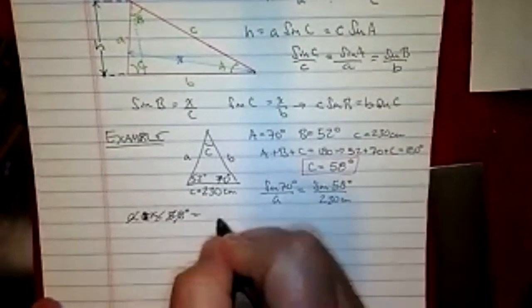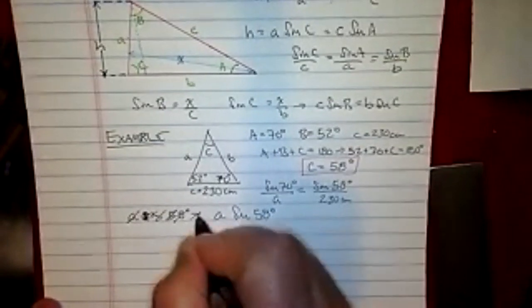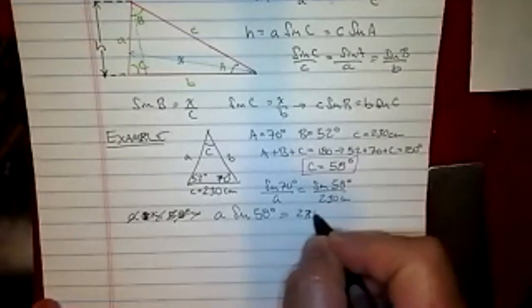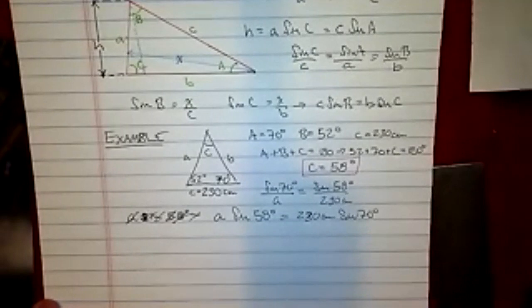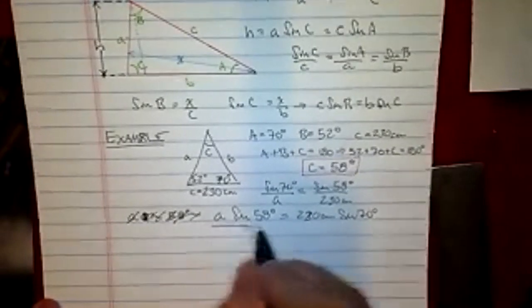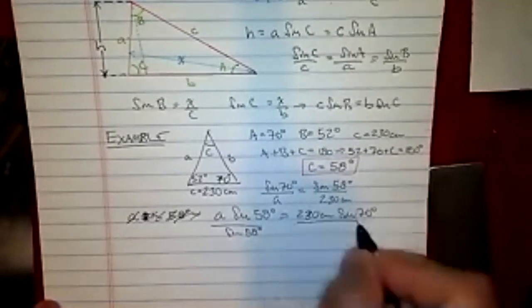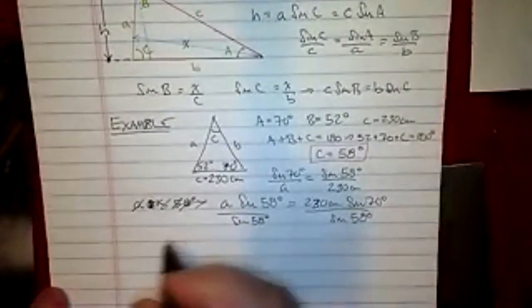So when I cross multiply, I get a times the sine of 58 degrees is equal to 230 centimeters times the sine of 70 degrees. So I can now divide both sides by the sine of 58 degrees, and that will give me a.